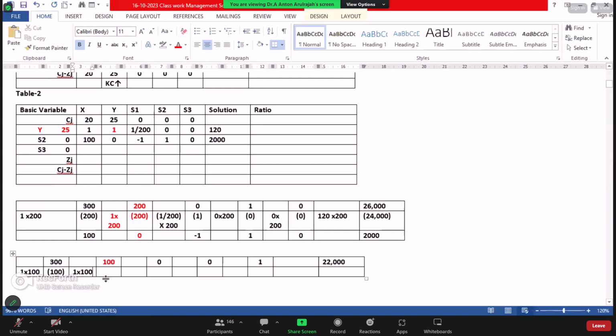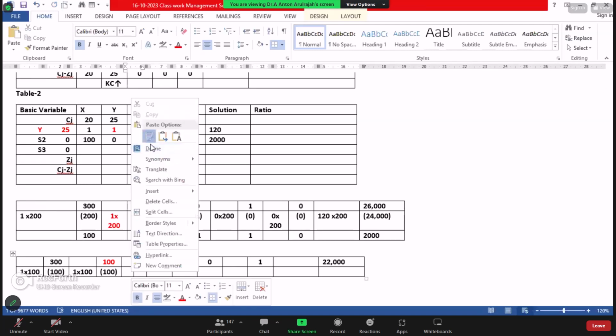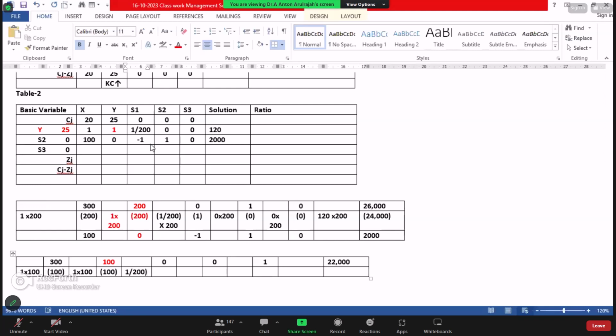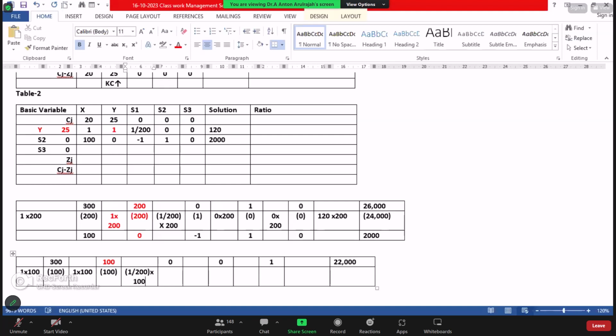So that is also 100. This value 1 by 200 has to be multiplied by 100, that is about 1 by 2.